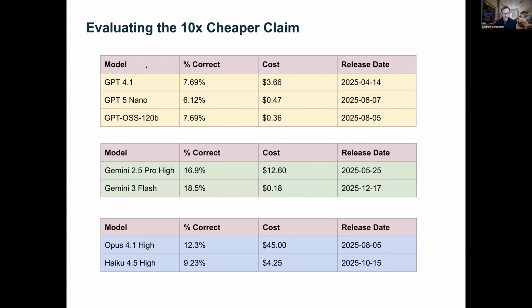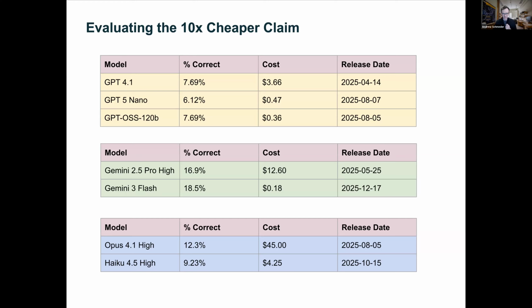Then I switched to look at the 10x cheaper claim. I had to go back and get some benchmarks on older models. Basically, if we fix the level of percent correctness at approximately a certain constant, and then look over time at what is the cheapest model that can achieve that percent correctness, then we do see these order of magnitude drops.